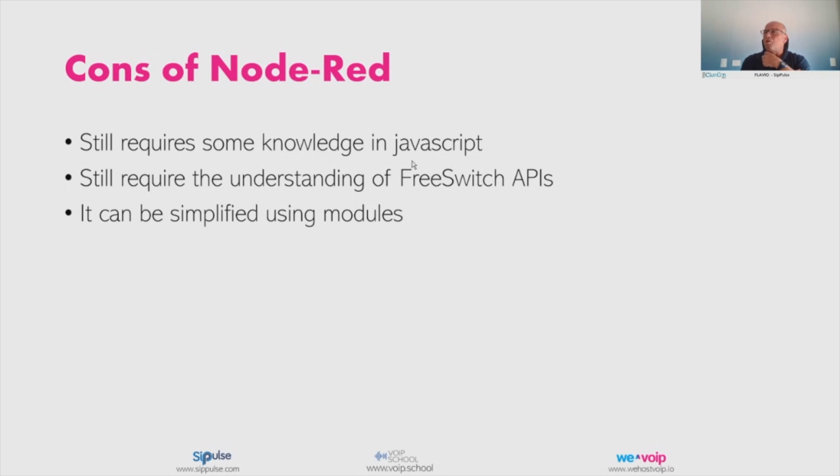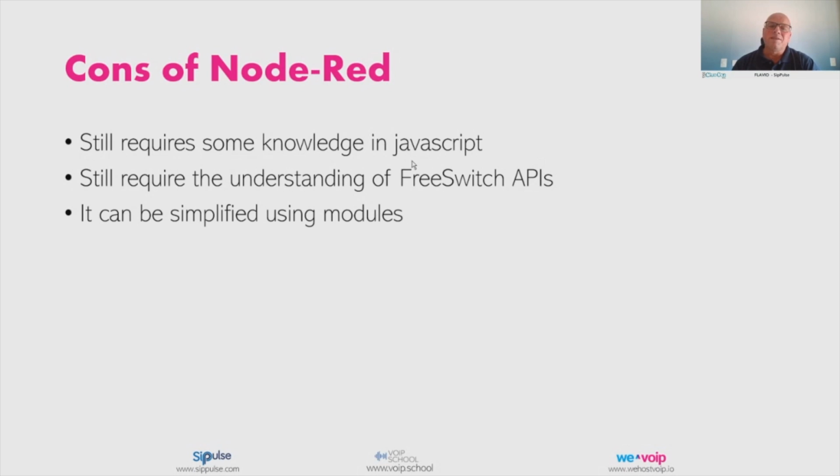You're going to see tomorrow, there's a presentation from Dave Orton about Jambones. In Jambones, Dave has created these modules for Draft.io where you can do it easier than what I'm showing you here. But in this presentation, I try to use just standard modules and FreeSwitch. But if you can build your own modules, it can become simpler.